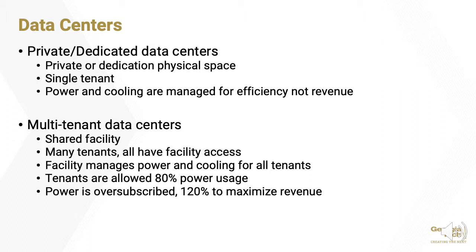Power oversubscription is common and is a powerful tool for increasing utilization and revenue while reducing capital costs. But the drawback is that it can potentially create dangerous infrastructure vulnerabilities.